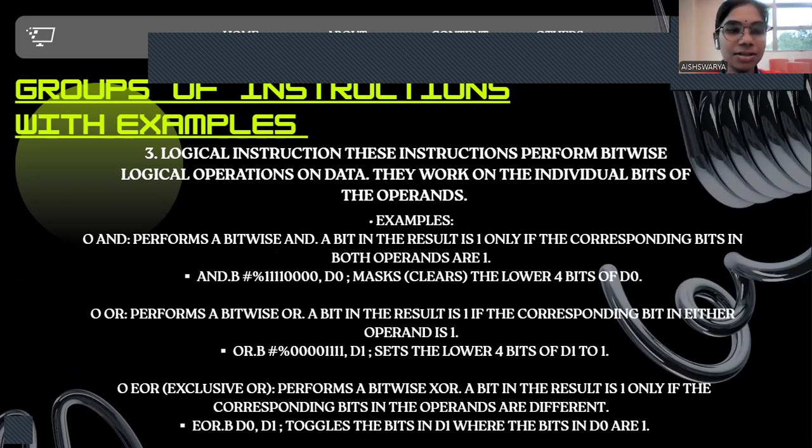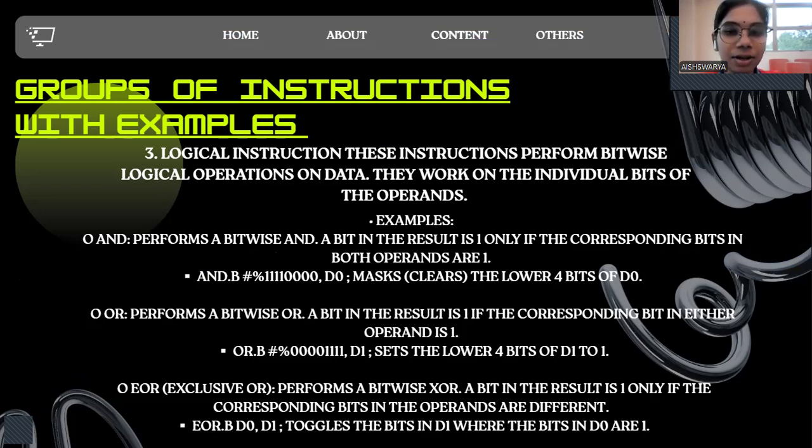And the third group is logical instructions. These instructions perform bitwise logical operations on data. They work on the individual bits of the operands. Examples, AND performs a bitwise AND: a bit in the result is 1 only if the corresponding bits in both operands are 1.